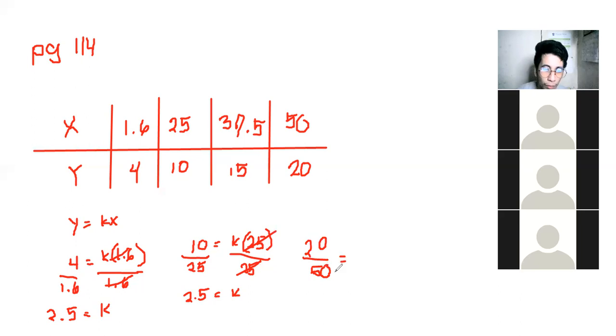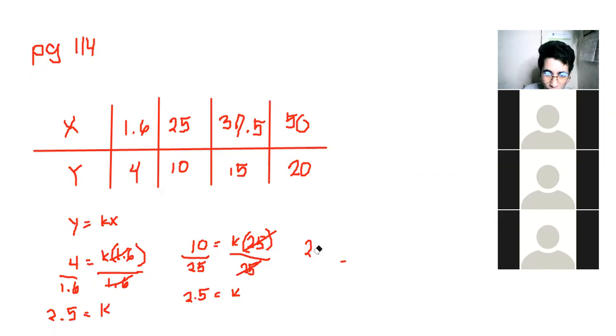So, 20 over 50, anong kalalabasan nito? Sure, 0.4. Iba siya, no? Hindi siya same.